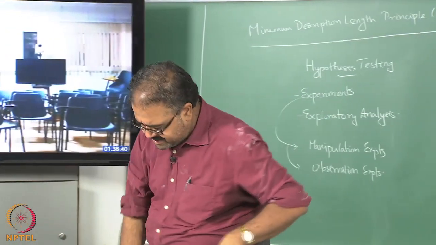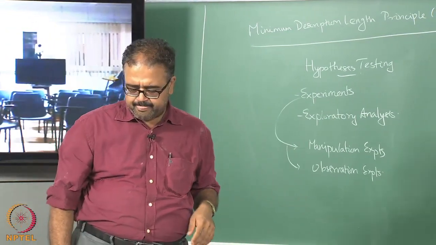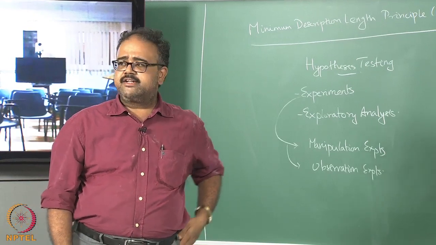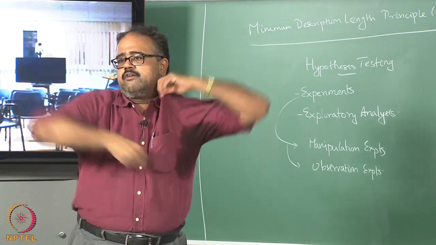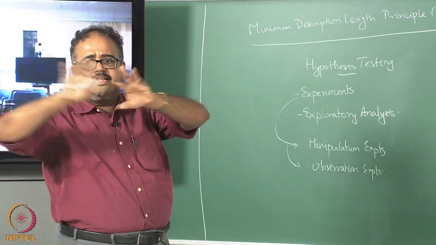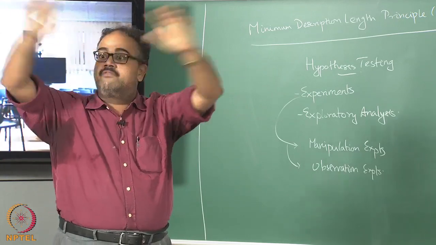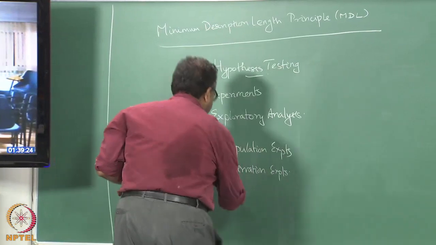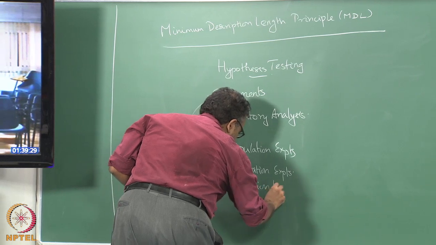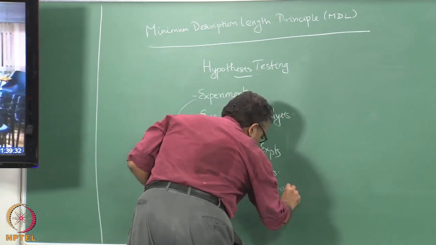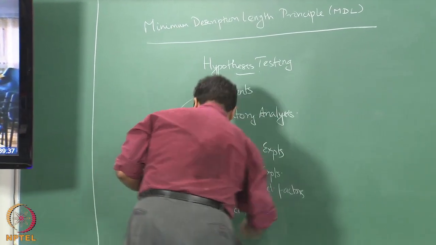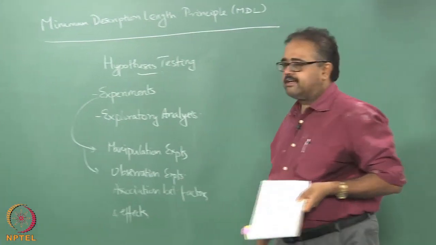In an observation experiment I basically try to figure out correlations, I try to figure out associations between variables. I make a lot of observations and then I try to say, okay, whenever this variable was at this level, then the output was at that level. So maybe I can observe the weather. It is essentially trying to find associations between factors and effects.